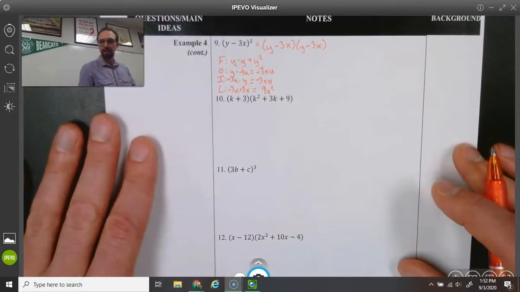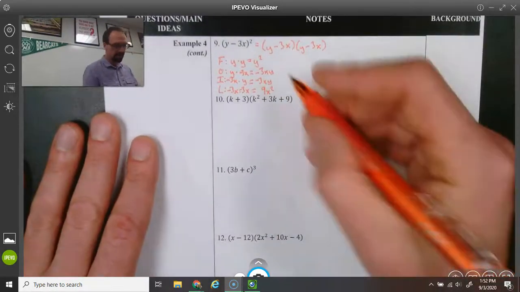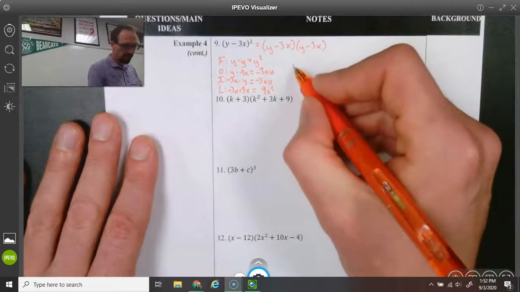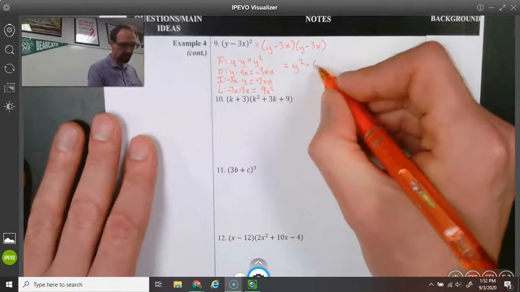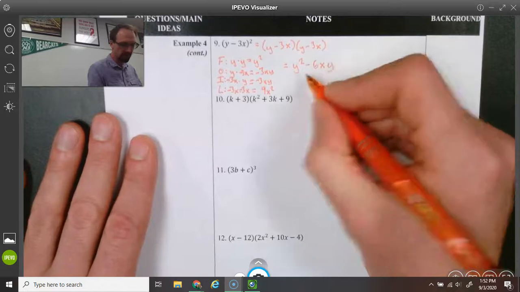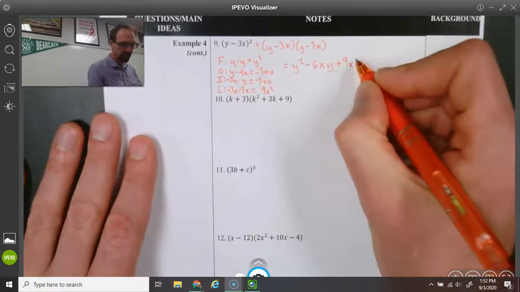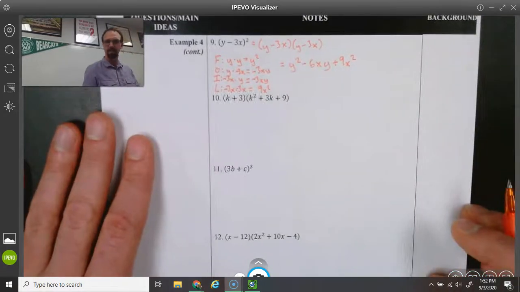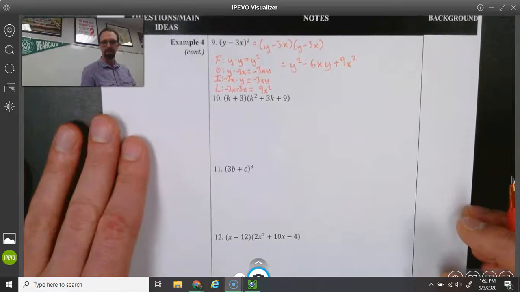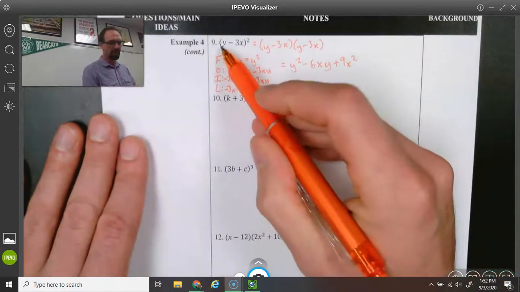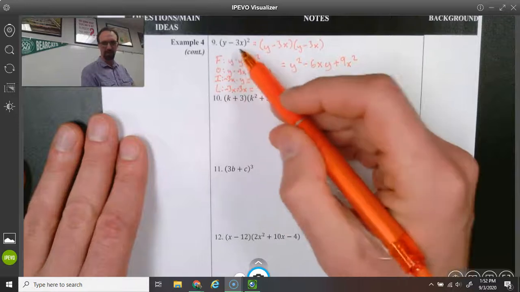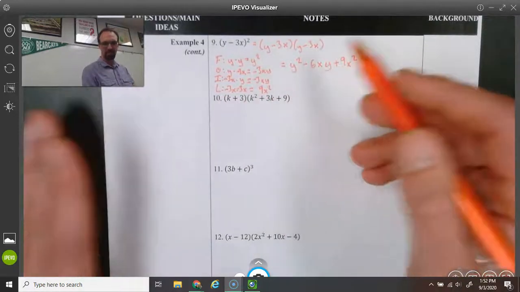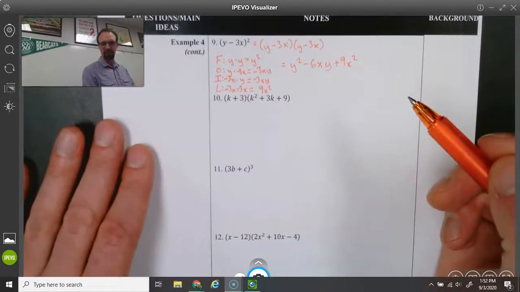So combining these together, I have y squared, and then these two combine to become negative 6xy, and then plus 9x squared. Generally, if I was to write this, the leading term would be 9x squared. However, because this was written in this order, it's kind of a red flag. Generally this would be acceptable, but normally you would write the 9x squared first.